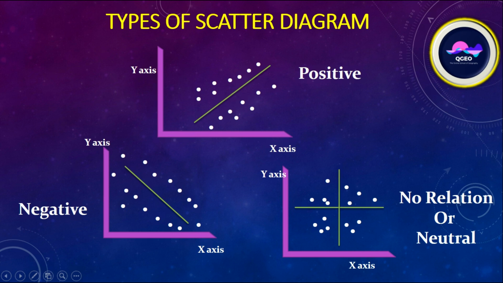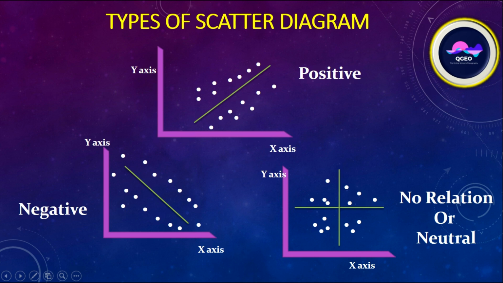With increasing amount of rainfall, atmospheric temperature decreases. So this relation is represented as negative. This is a negative relation, when the value of x-axis increases with the decreasing value of y-axis.